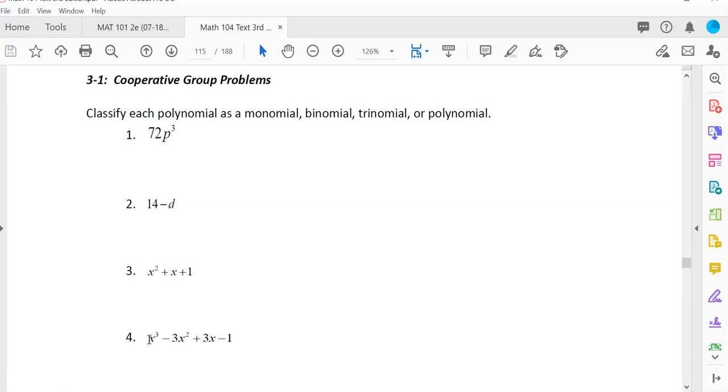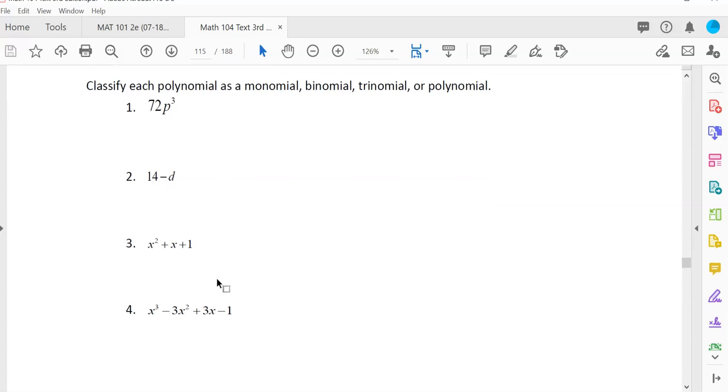This one is in descending order, its degree is 3, and the leading coefficient is 1. This one is not in descending order. This one is. And this one is by default in descending order, since there's only one term. Hopefully that makes sense.